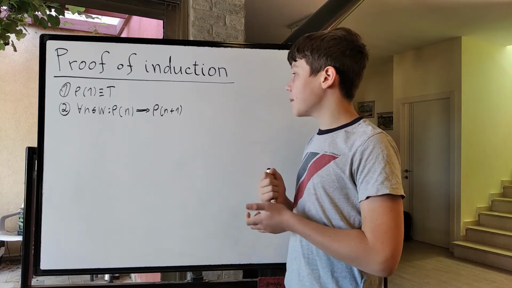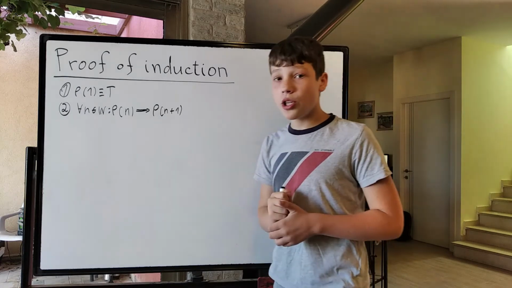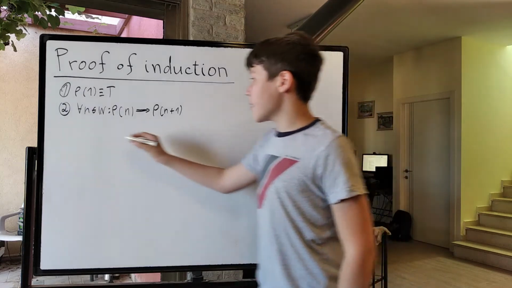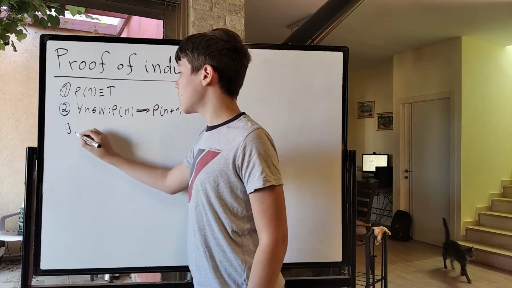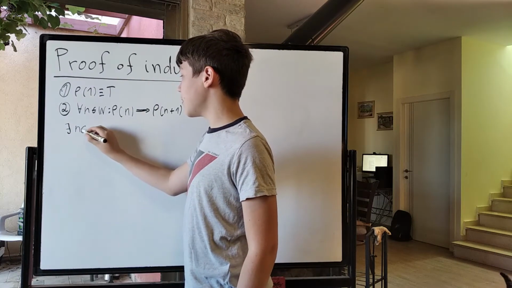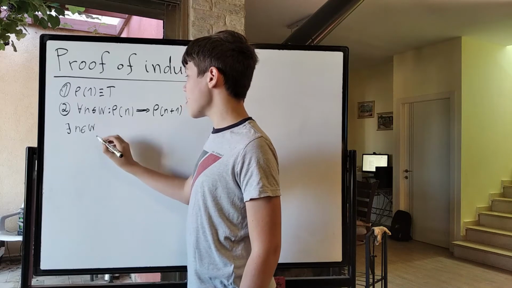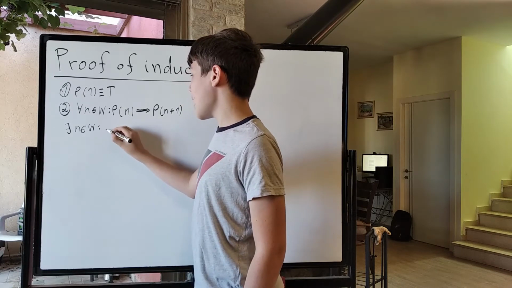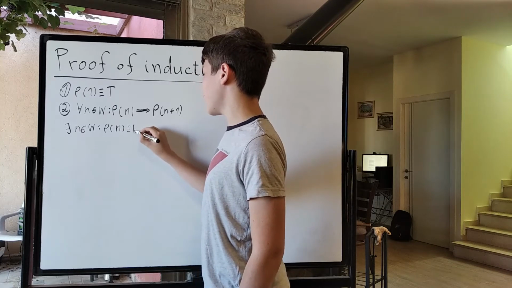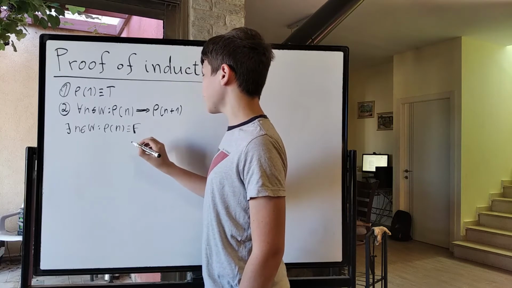So let's begin. What we're going to do is incorrectly assume that there exists a certain n that's a natural number such that P of n is false.